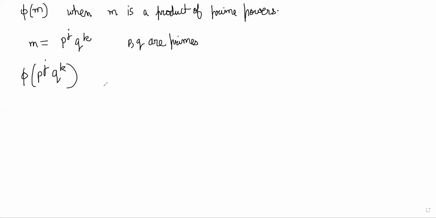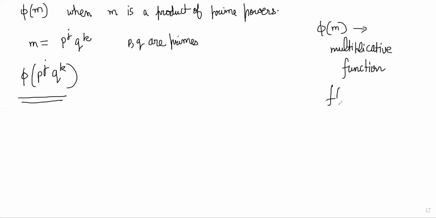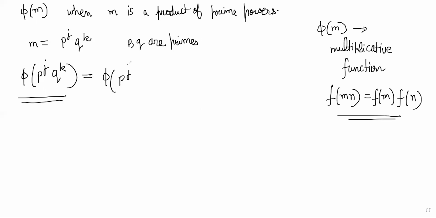Here we will learn that phi is the first example we have seen of a multiplicative function, which satisfies f of mn equals f of m into f of n. So phi of p power j q power k will equal phi of p power j times phi of q power k. This is a statement right now; we will prove it.